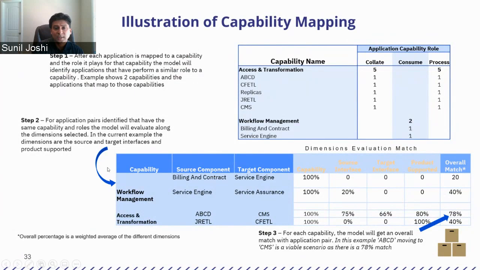What this is doing here, just to net it out, is I've compared components that are doing access and transformation, which happens to be a capability, ABCD and CMS over here.